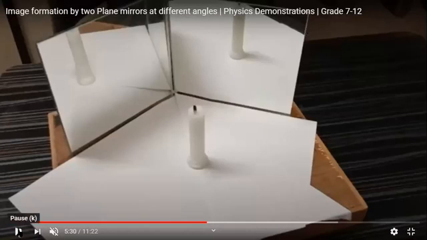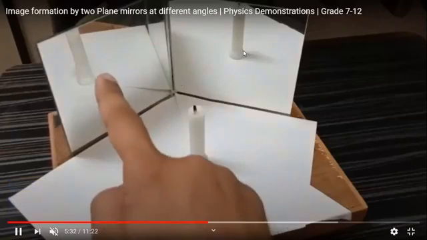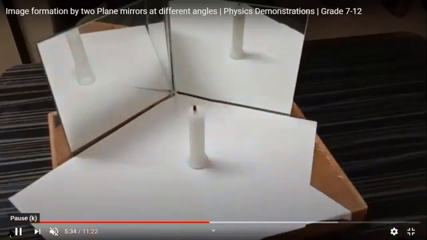So students, here what I have done, I have placed the object in such a way that it is placed at an angle bisector of 120 degree. The two mirrors M1 and M2 are at 120 degree.